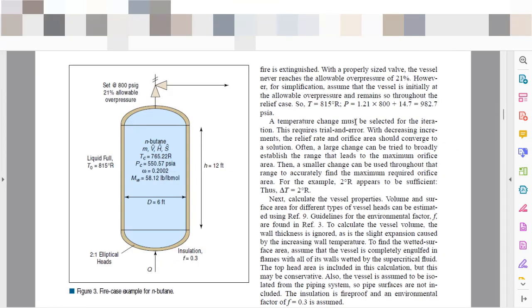For our case study, we have a vessel that is filled with N-butane. So in normal operating conditions, 44 psi and 90 degrees Fahrenheit, it is a liquid. But because of the fire case, we have heat being added to this vessel that is insulated, and it influences the amount of heat that we add to the vessel, but does not influence the standard calculations for API 521.